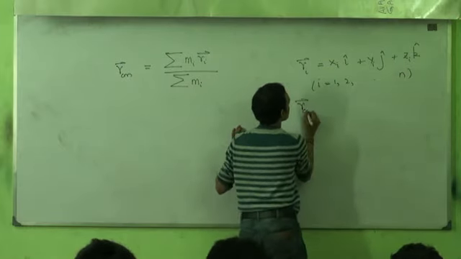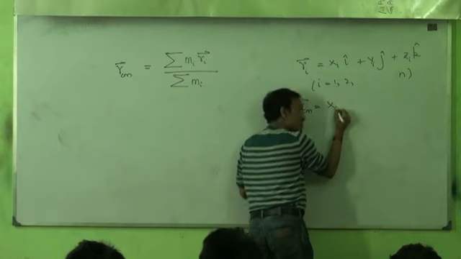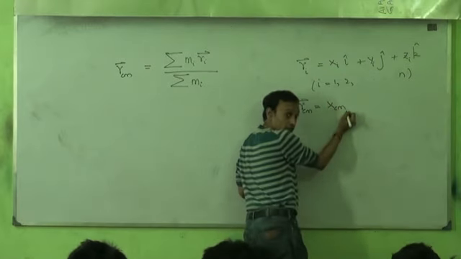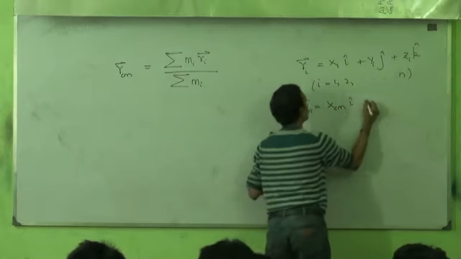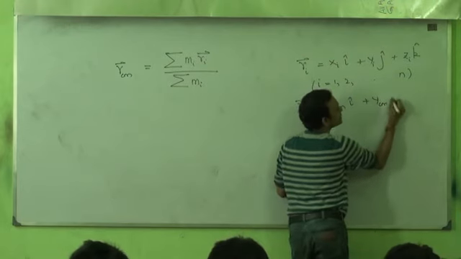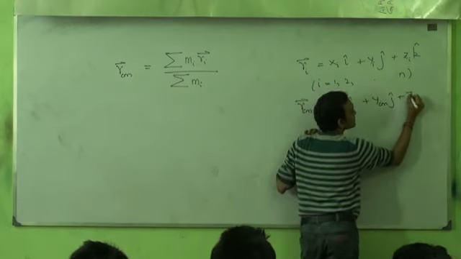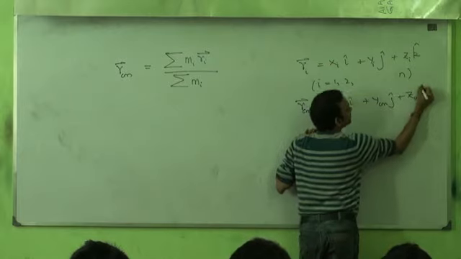Where i could be 1, 2 up to n, whereas the center of mass will have an x coordinate, right? So XCM i cap plus YCM j cap plus ZCM k cap.